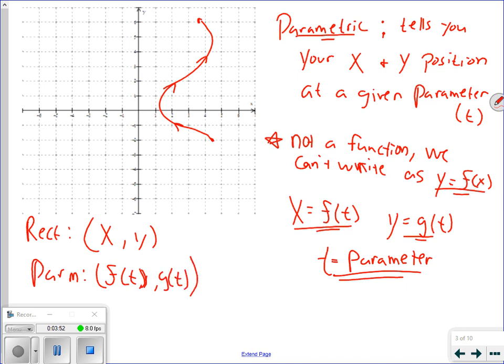So we're going to be able to tell our position as time moves forward. As time equals 1, 2, 3, 4, it's going to tell us our position at each particular time, and we move along a specific path. I've got plenty of examples for us to look at, but that's ideally what a parameter is.